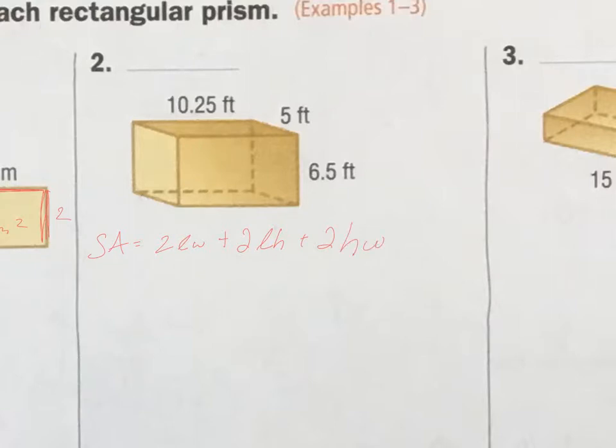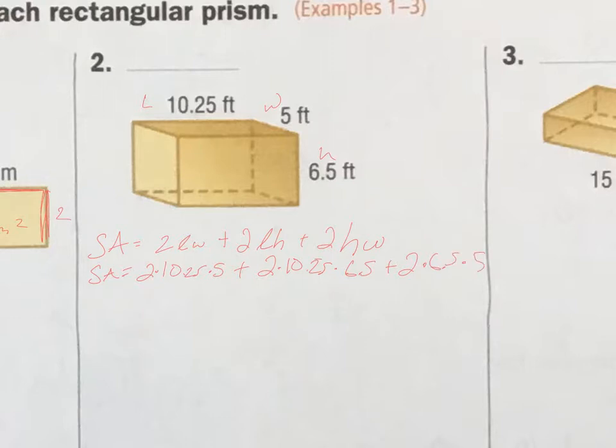Okay? So, this right here is the length, this is the width, and this is the height. So, surface area equals 2 times 10.25 times the width of 5 plus 2 times a length of 10.25 times a height of 6.5 plus 2 times a height of 6.5 times a width of 5.